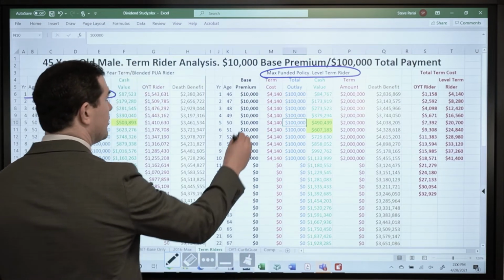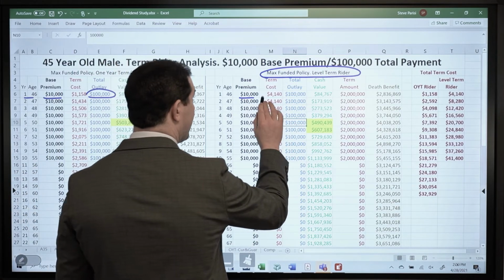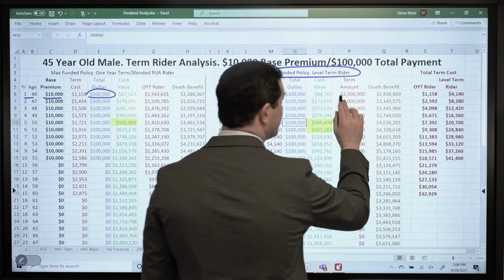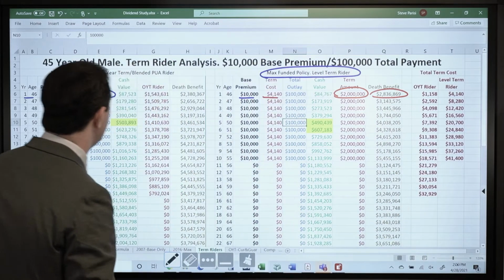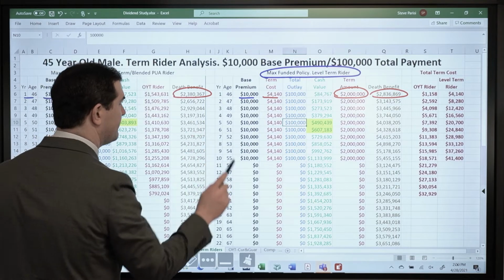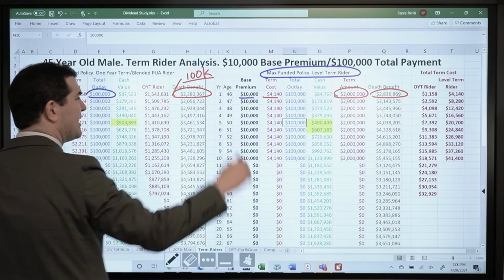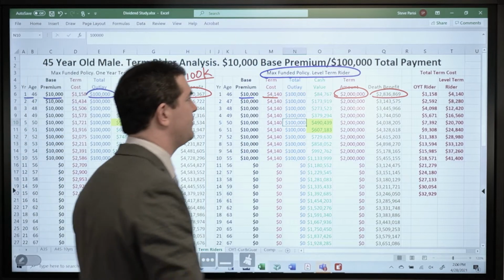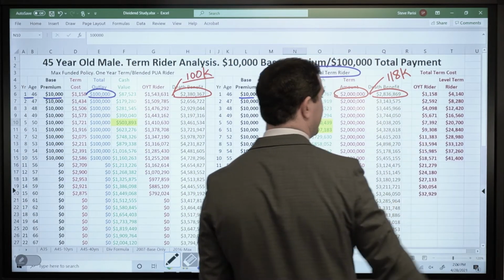So what you'll notice here, 10K base premium, level term rider starts out higher, $2 million, net death benefit about $2.8 million. With the 1-year term insurance rider, it's about $2.4 million. This guy has an approximate $100,000 MEC limit, a little bit higher. This guy is closer to $118,000 MEC limit.